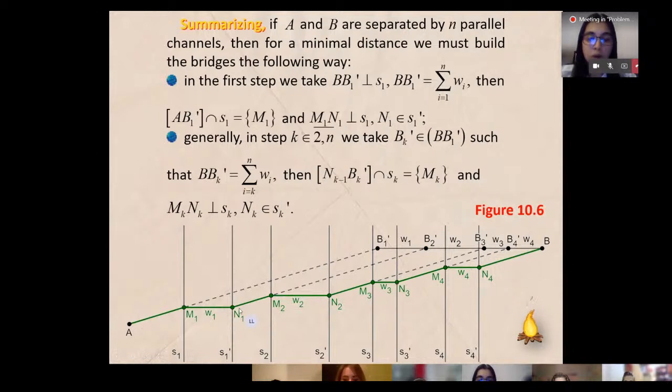From now on, for any new step K, we consider point BK prime on B1 prime B, with BK prime B the sum of WK to Wn. The head of the K-th bridge is the intersection of NK minus 1 BK prime with shore SK, called MK, and the projection of it, MK, on SK prime is the other head of the bridge.